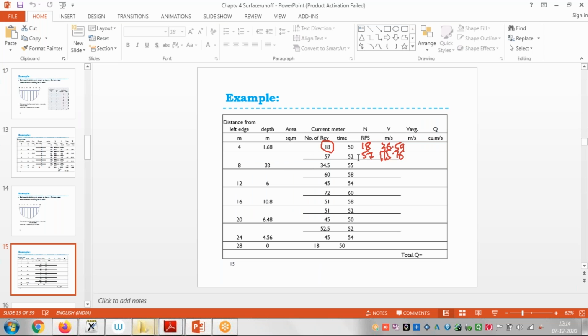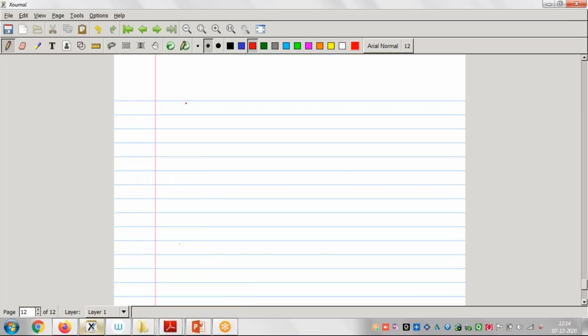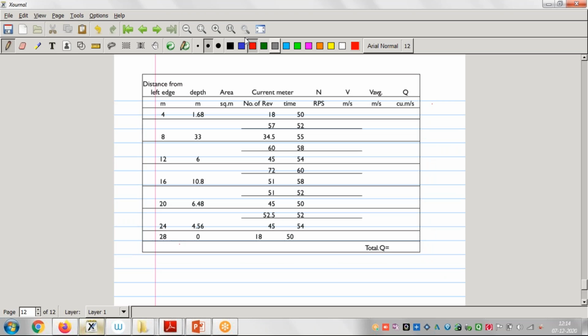Okay, I do one thing. Actually, here I'm unable to write. What I will do here, I will copy this and I will put here. Now here I would be able to write. This will be more comfortable for me.